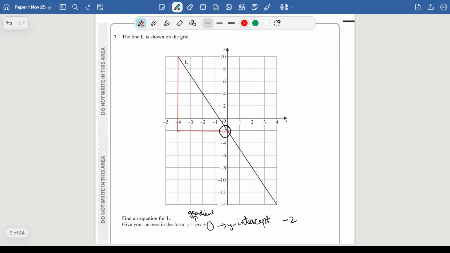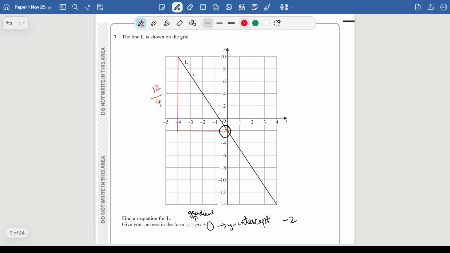So the rise here is like each of these is 2 units. So 2, 4, 6, 8, 10, 12. So that's 12 units up. And each of these is like 1 unit here. So 4. 12 over 4.